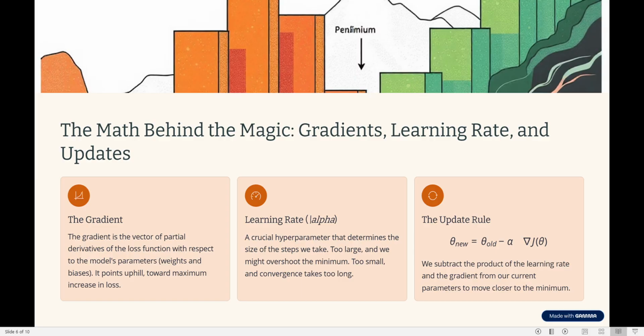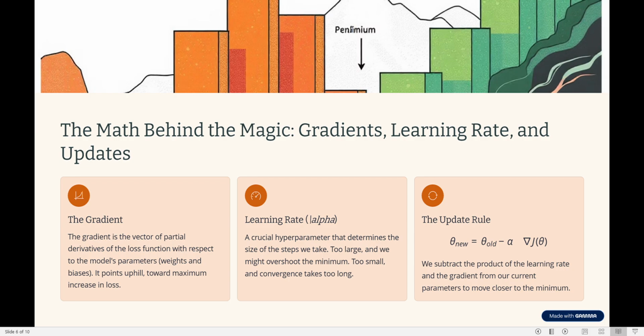The update rule is theta = theta - alpha * gradient of J with respect to theta, where alpha is the learning rate, a small positive number controlling how big a step we take. If alpha is too large, we overshoot and never converge. If it is too small, we move too slowly. So the learning rate acts as the pacing control of our optimization journey.